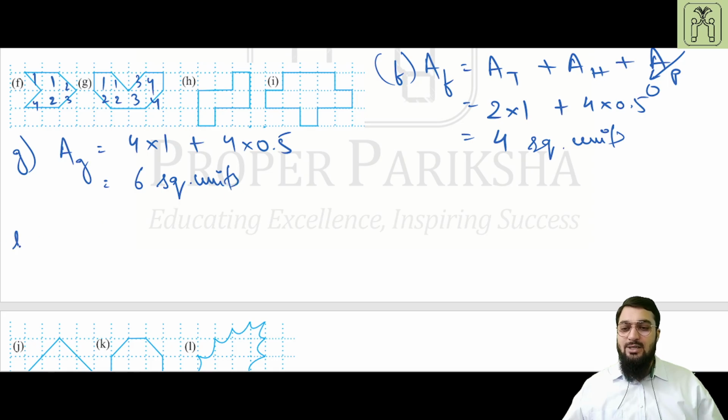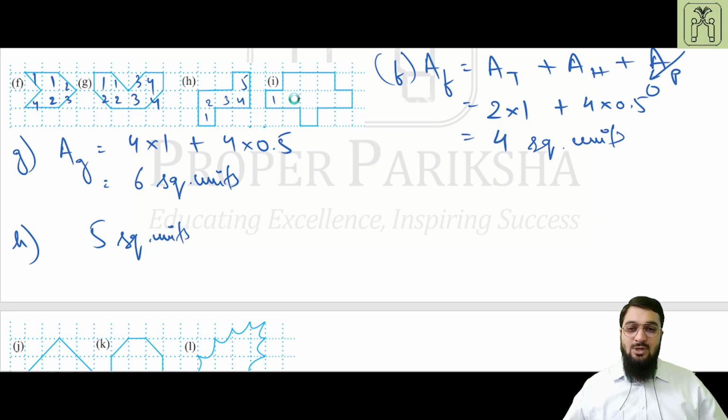Coming to part H, and that will be no half, no partials: 1, 2, 3, 4 and 5. So the answer will be 5 square units. And part I, again no partial, no half. So 1, 2, 3, 4, 5, 6, 7, 8 and 9. And that will be 9 square units.